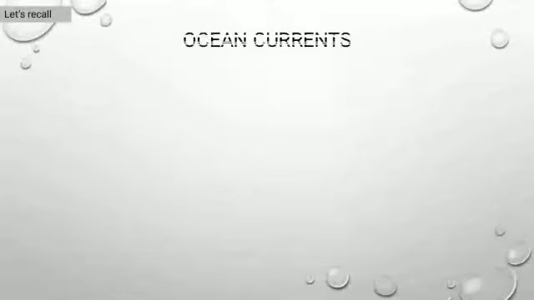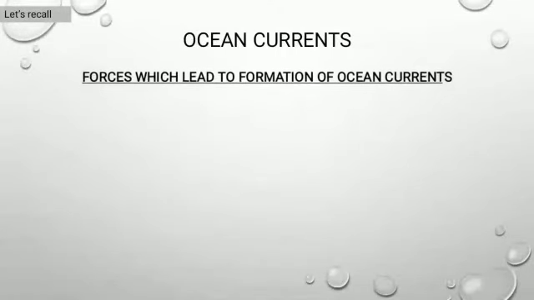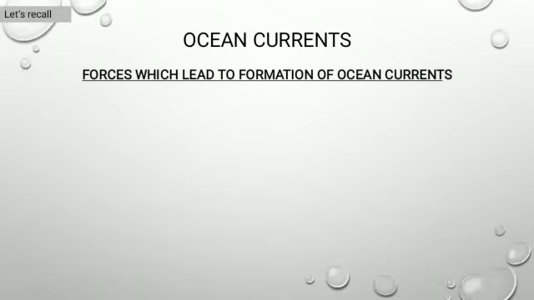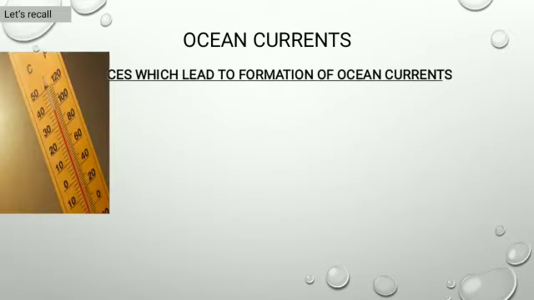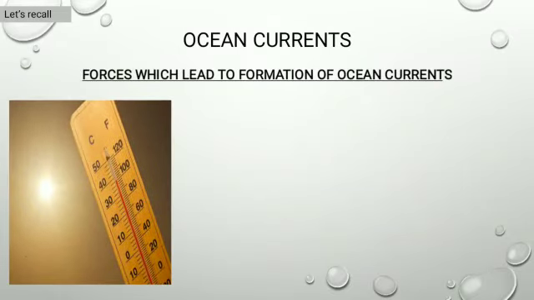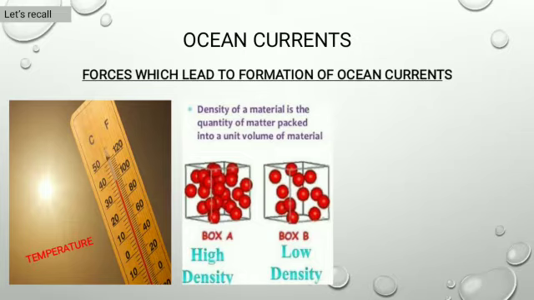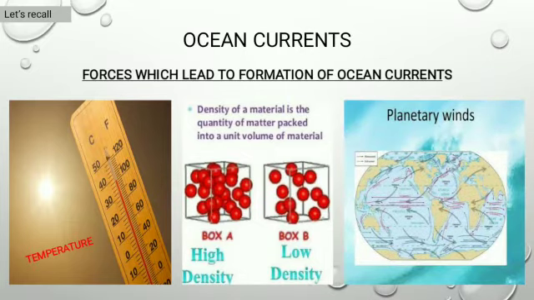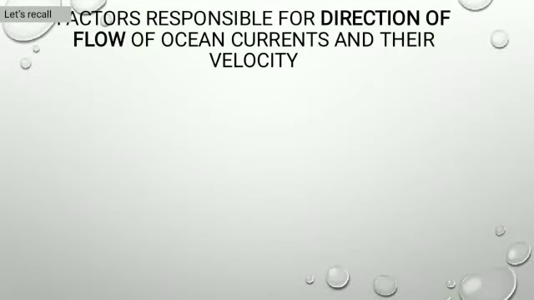So we have seen that the forces which lead to the formation of ocean currents are temperature, density and planetary winds. We have also learnt the other two factors which are responsible for the direction of flow of ocean currents.